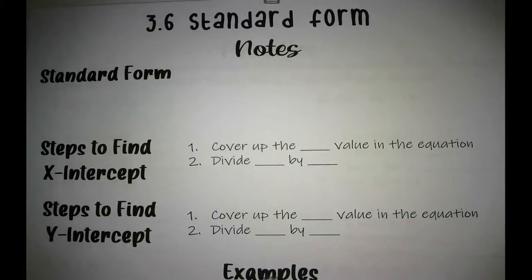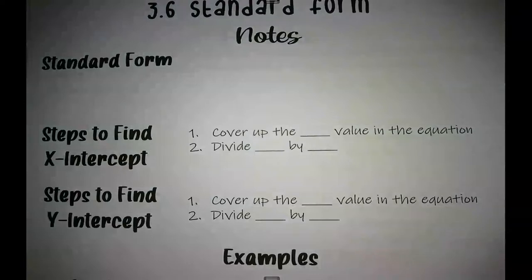All right, from standard form, we can also find our X and Y-intercept. So again, just so that we remember what standard form is, I am going to write it up here.